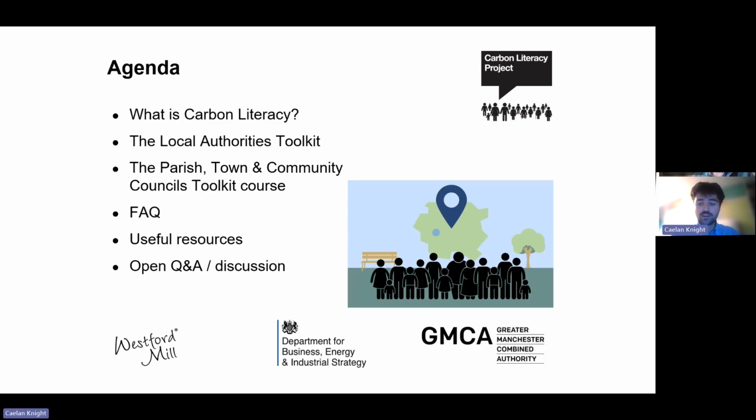So I'll just explain what I'm going to go through. If you could keep questions till the end or put them in the chat, we will have a Q&A. So first I'll go over what is carbon literacy. Then I'll go over the Local Authorities Toolkit, and more specifically the Parish, Town and Community Councils Toolkit course, which sits within the Local Authorities Toolkit.